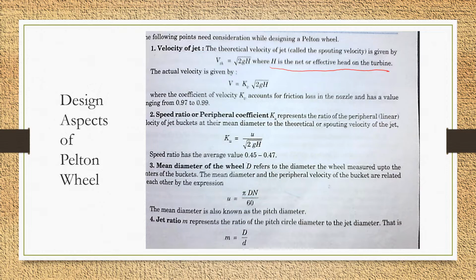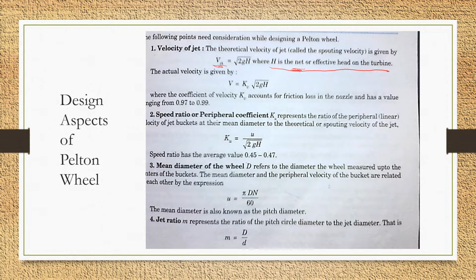Here H is the net head and it is not the gross head. If there are any frictional head losses from the gross head, we have to subtract those to find the value of net head. So this is the theoretical velocity VTH.